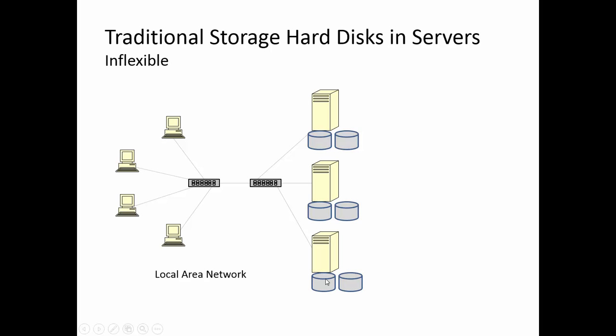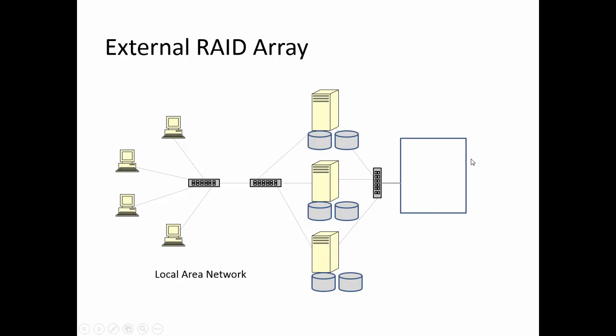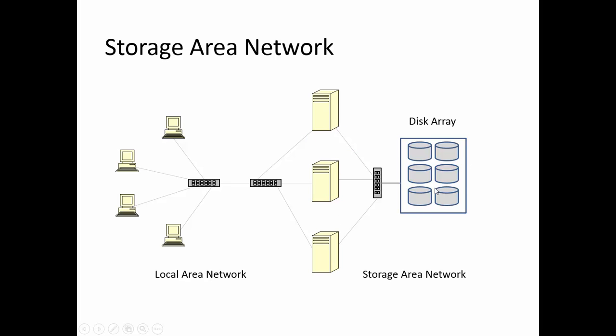So what we do is we get a storage area network. A storage area network is where we get an external disk array. Sometimes they call it a RAID array, for redundant array of inexpensive disk drives, but more accurately it should just be called a disk array. And instead of having the hard disks in the servers, the hard disks are in the disk array. And then a high-speed switch connects the servers to the disk array.